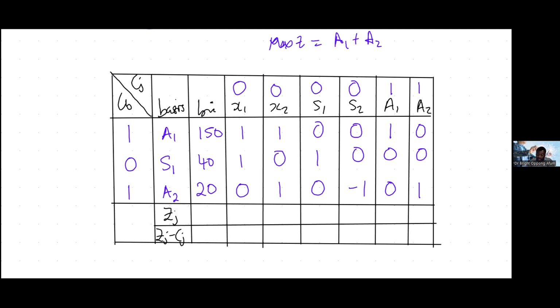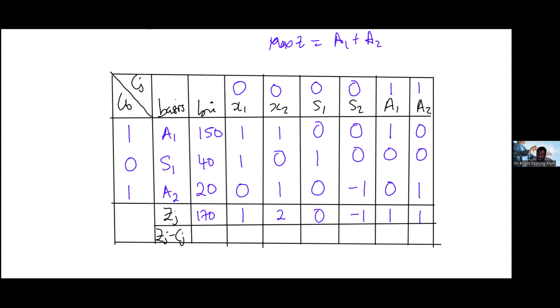and that will be 170. 1, 1, 1, 0. This should be 1. 1 plus 1 is 2. All this will be 0. Negative 1. 1, 0 is 1. 0, 1 is also 1.